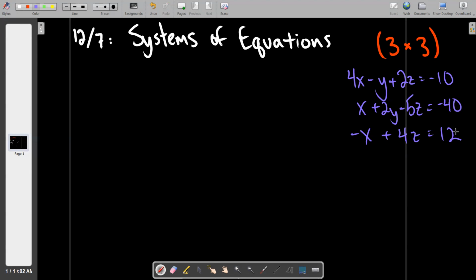It's got 3 variables. And the rule in math is that if you have a system of equations, the number of variables you're attempting to solve for, you are required to have at least that many equations. You couldn't have 3 variables and 2 equations because you wouldn't have enough opportunities to weed out one of them to figure out what it is. So 3 by 3s are where we're headed on Monday.